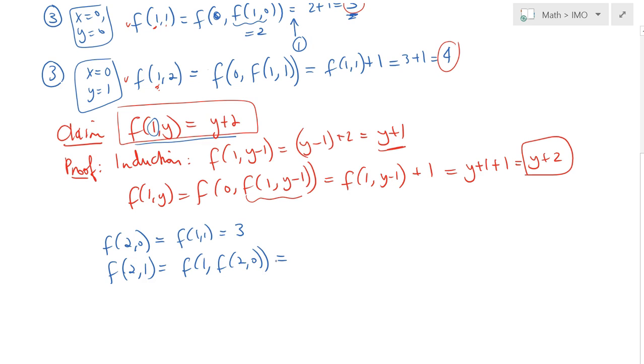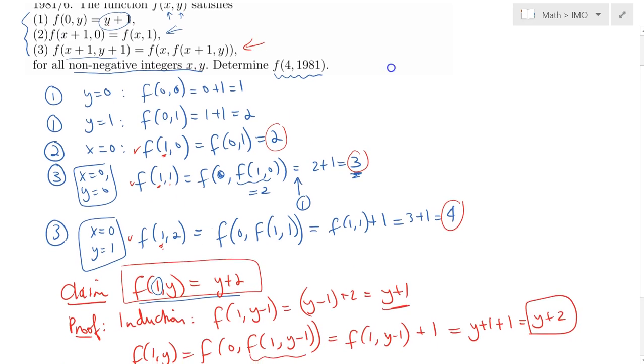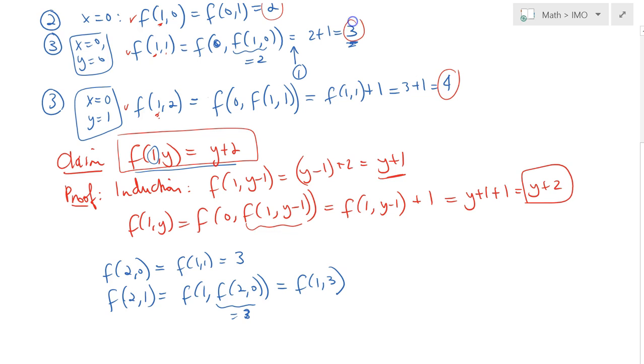We took f of 2, 0 as 3, so that's simply f of 1, 3. But we already know from my claim that f of 1, 3 is 3 plus 2, which is 5.